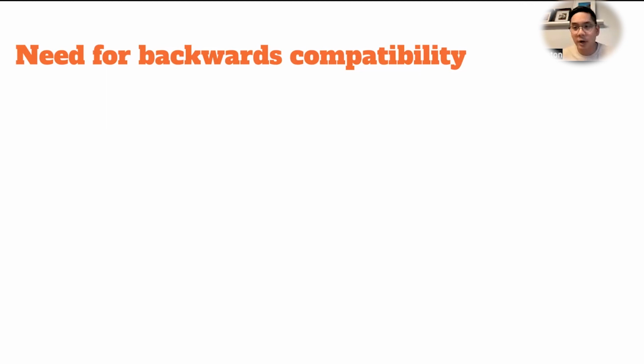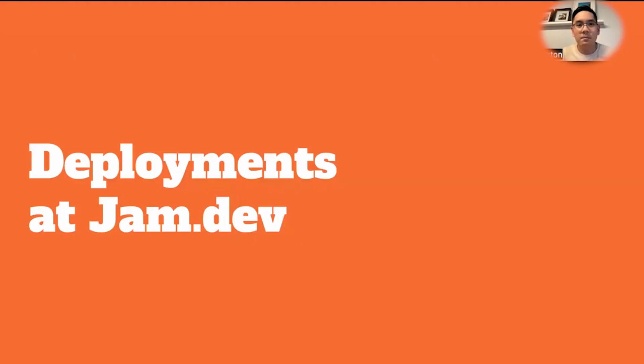For the context of GraphQL, typically this is going to be the GraphQL client and the GraphQL server. And as you make changes in the schema or in the client, you really don't want to degrade that user experience. You don't want to cause incidents. So it's really important. And I'd love to share a brief experience over at Jam.